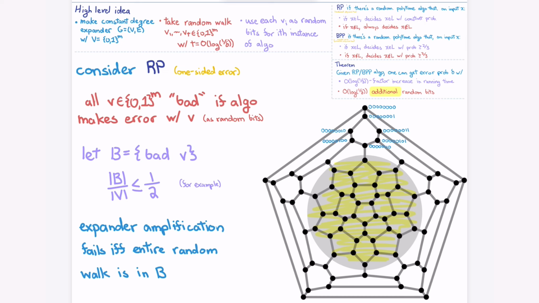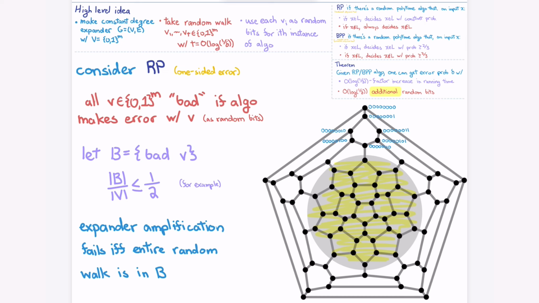The odds that all of the vertices are in the bad region will be (1 minus mu gamma) to the t. So if mu is like 1/2, this will be (1 minus gamma over 2) to the t, so it'll be e to the negative gamma over 2 t or something. All right, so we'll prove that.